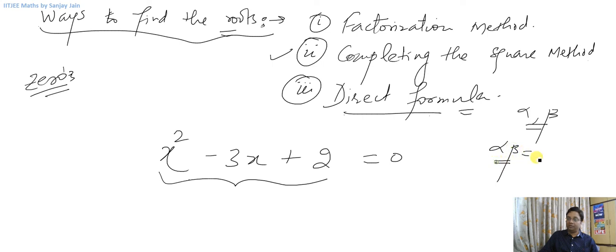It is the product of zeros, that is 2 in this case. And what is the sum of zeros? It is 3, right? Now to factorize this quadratic equation, I need to split the middle term in such a way that it gives me the product as 2 and it gives me the sum as -3.